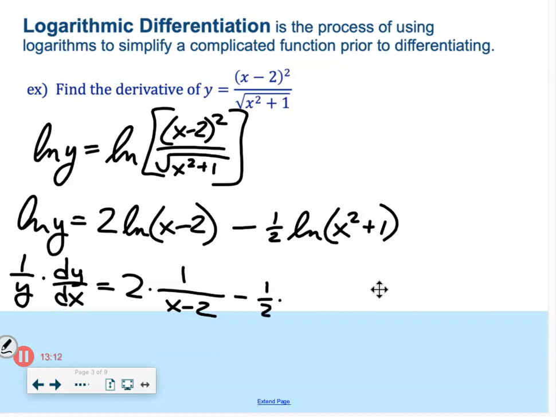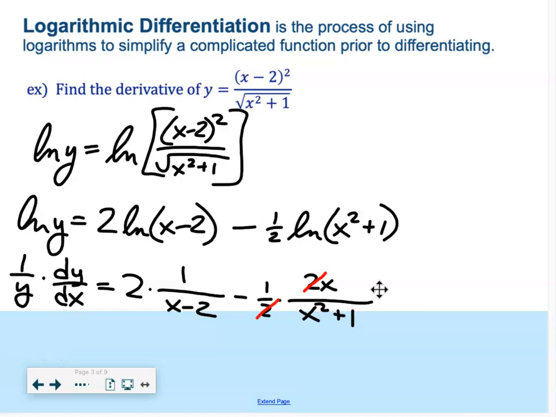For the next one, I just draw a fraction bar first, put the guts on the bottom, put the derivative of the guts on top. I like derivatives of logs. I think they're pretty snippy. Do you mind if I cancel these 2's? You don't have to, but I would want those gone.